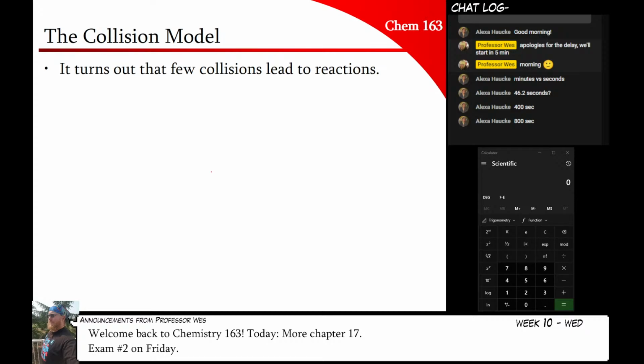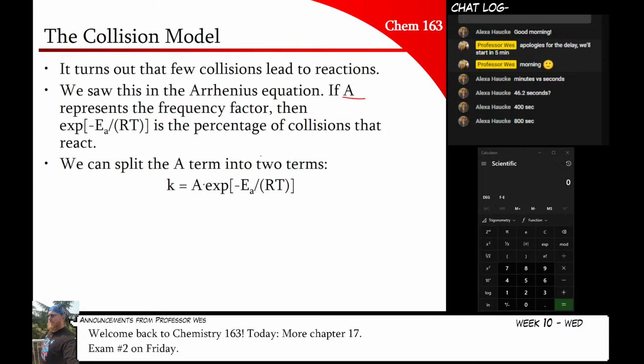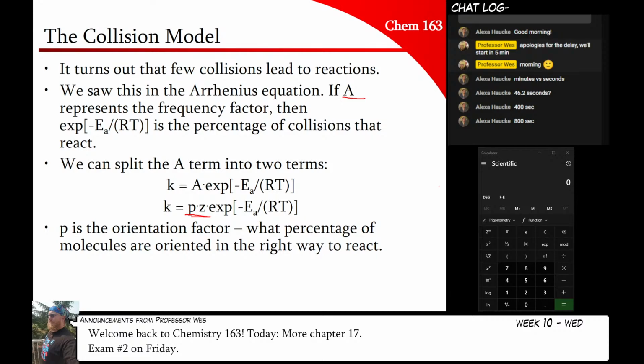All right, let's talk about the collisions themselves, though. So if I want to look at the frequency factor A, I can rewrite A as this. And what we're going to do is define P and Z as two terms that will let us conceptualize A a little bit better. We're going to call P the orientation factor.